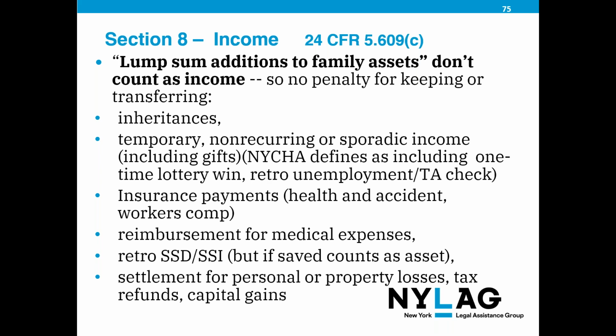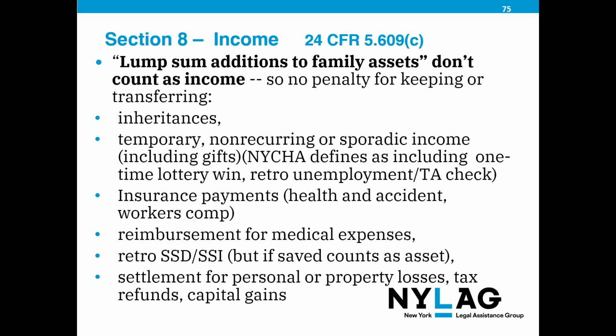And the New York City Housing Authority manual specifically includes one-time lottery wins, retroactive unemployment checks, insurance payments, workers' comp, reimbursement for medical, retroactive Social Security or SSD, and settlements for personal or property losses. So that would be personal injury, tax refunds, capital gain. So that's all good news.